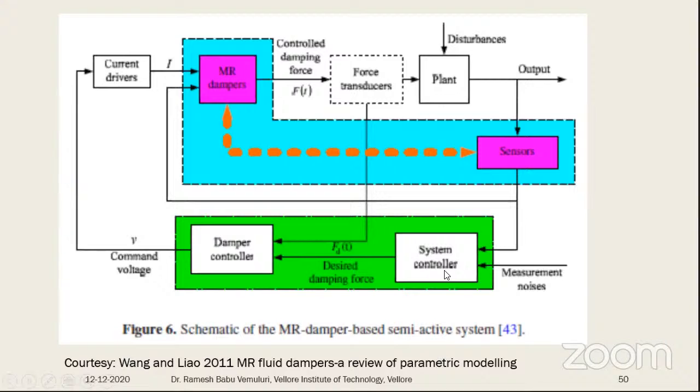The system control measures this, and whatever the difference is there will be given to the damper, and it will give the signal again. If it is okay, then directly it will go here. But when some modification is needed, it will go to the controller and immediately alter its damping ability. Like that, the MR dampers work with semi-active control. So here a closed control loop system is used. Here by using the magnetorheological elastomers, that's why it's called the semi-active one.